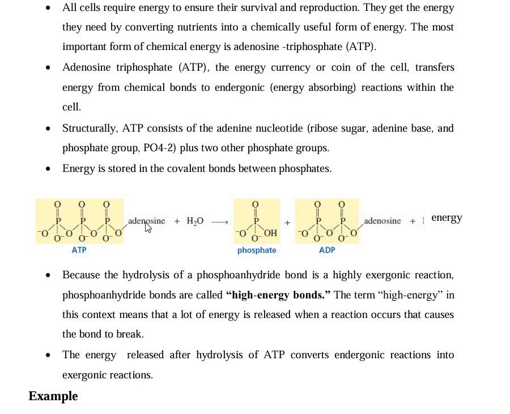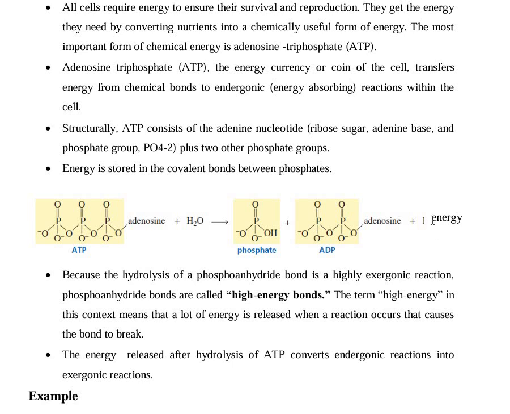You can see here, this is your adenosine and you have the triphosphate, and the energy is stored in the phosphate-oxygen bonds. So if you do the hydrolysis, then one phosphate is removed from the system and it becomes ADP, adenosine diphosphate, and it gives energy.